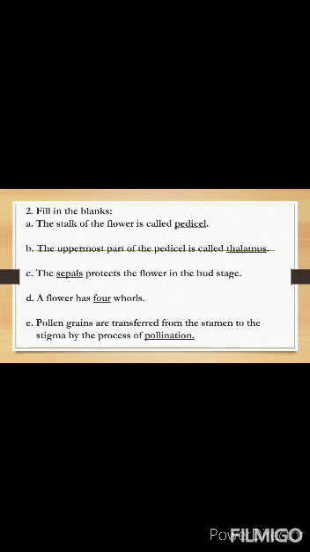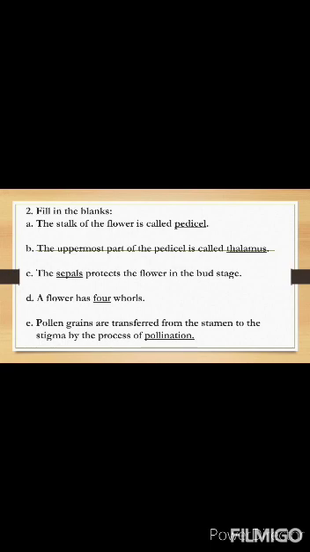Answer is sepals. Next, a flower has dash whorls. Answer is 4. Next one, pollen grains are transferred from the stamen to the stigma by the process of dash.